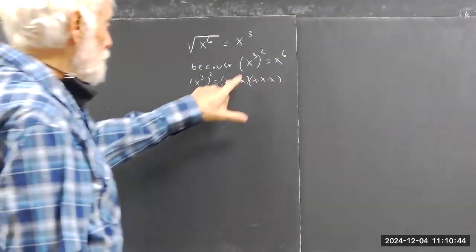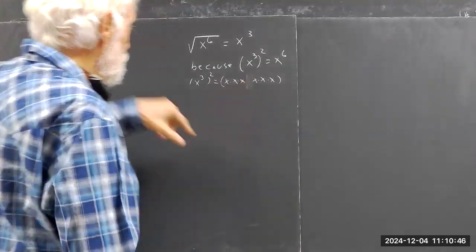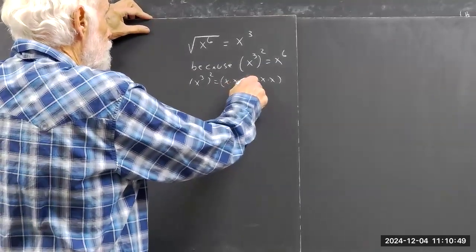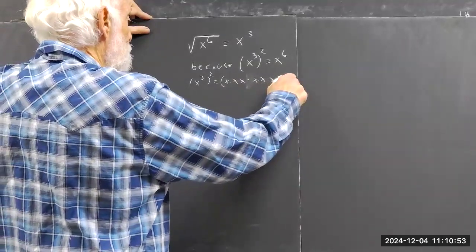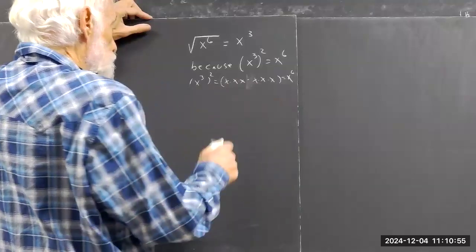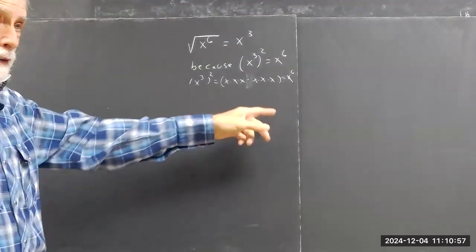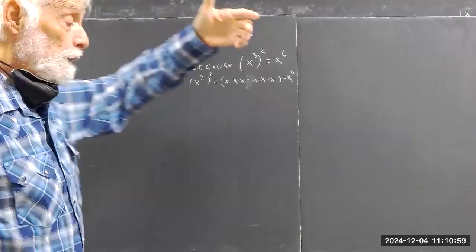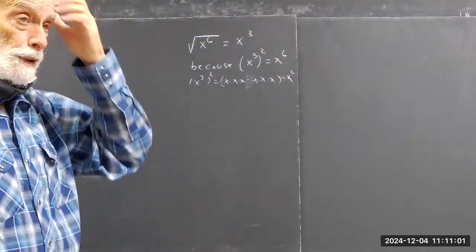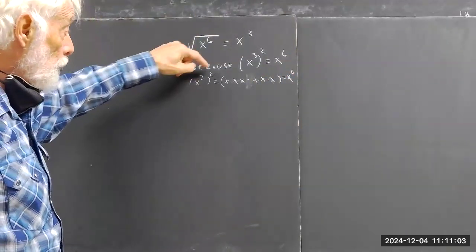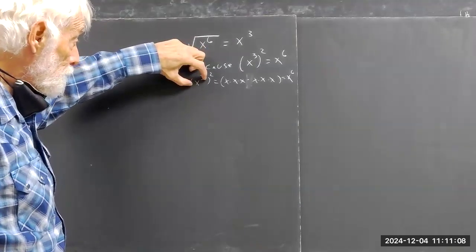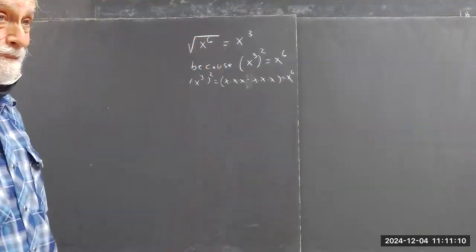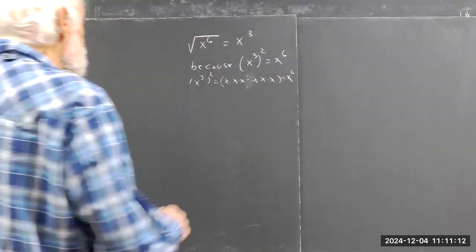We don't need the parentheses now. Just multiply them together, and of course that is x to the sixth. So even if it isn't x squared and x cubed, we can always remind ourselves that we multiply the exponents, because that has three x's, and we do it twice.